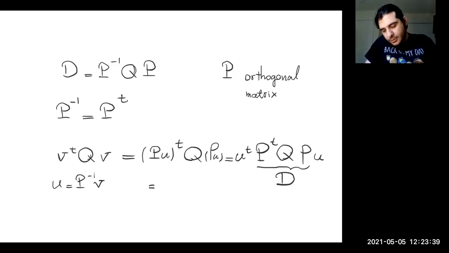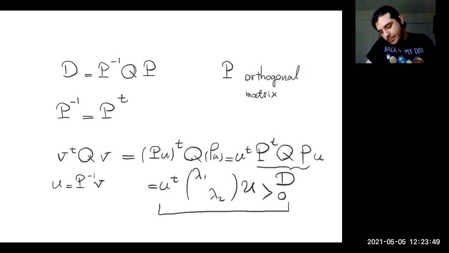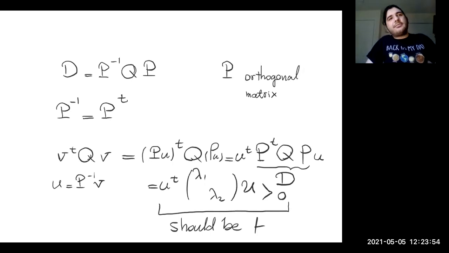So this is equal to u transpose times the diagonal matrix lambda 1, lambda 2, times u. And this should be positive.